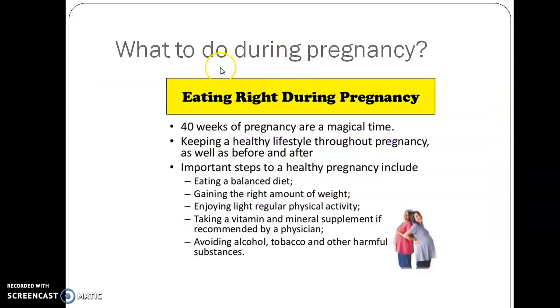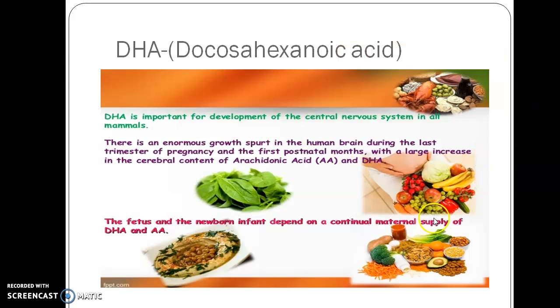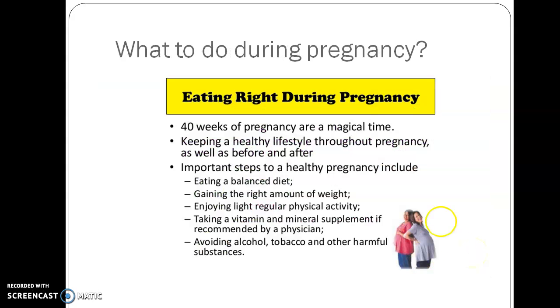So for that you need to consume a lot of nuts, fruits, and green leafy vegetables. Mainly nuts supply a lot of DHA, pulses, etc. need to be consumed.